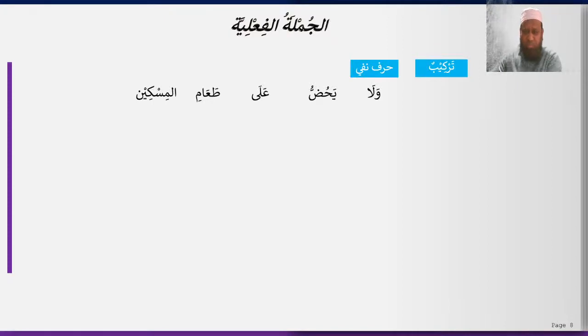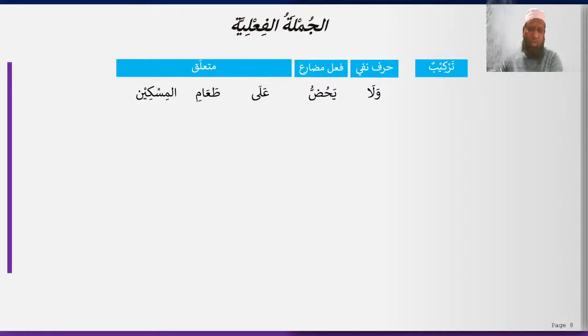ولا لام, let's leave it now. لا حرف نفي, يحض فعل مضارع, and all this is متعلق. So in متعلق we have sub slots. Let's look at that. على jar. Remember the harf is harf jar and the name of the slot is jar.